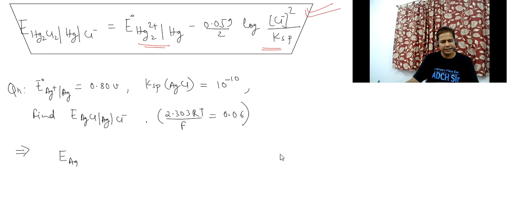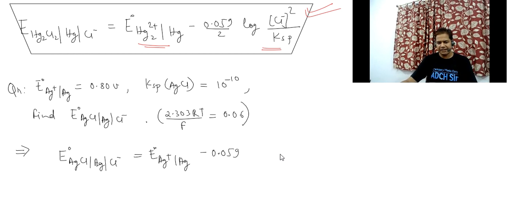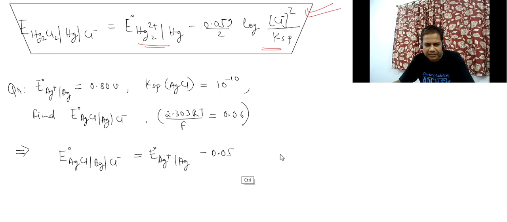We have to find the standard electrode potential of AgCl to Ag and Cl minus. We'll use the expression: E naught of AgCl to Ag and Cl minus can be written as equal to E naught of Ag plus to Ag, keep in mind the expression we had derived, minus 0.059. We had written it as 0.059, but in the question we have to take it as 0.06.